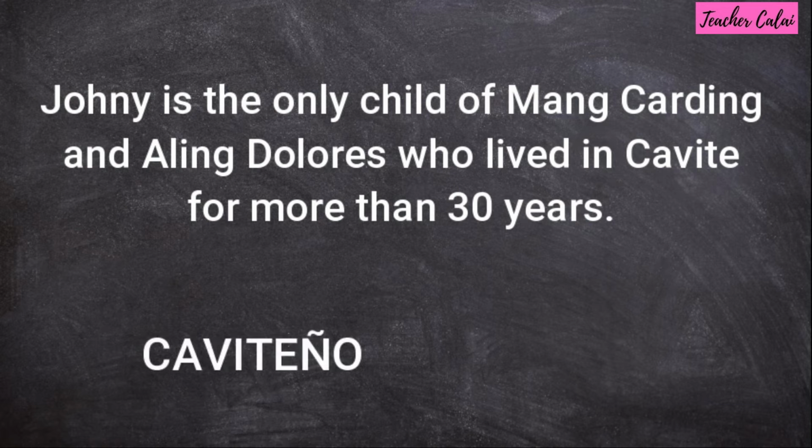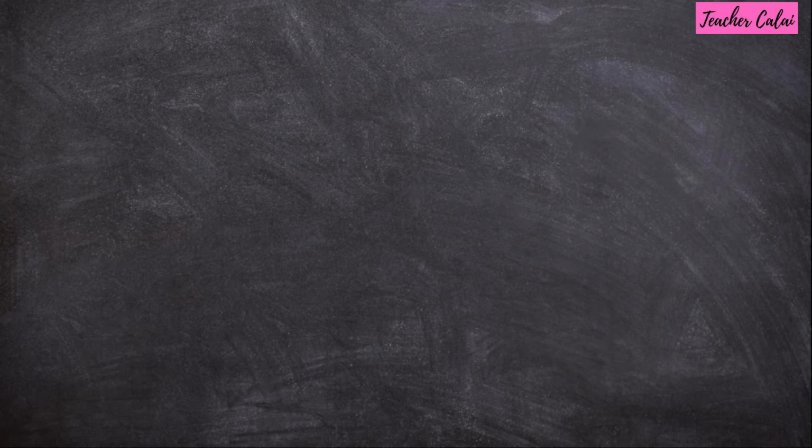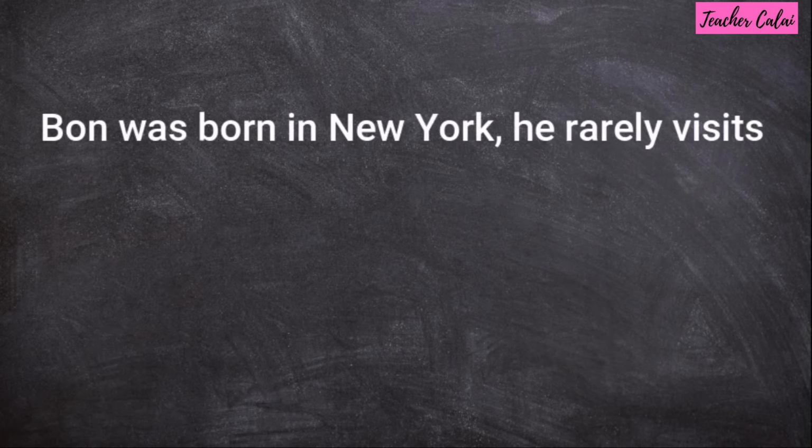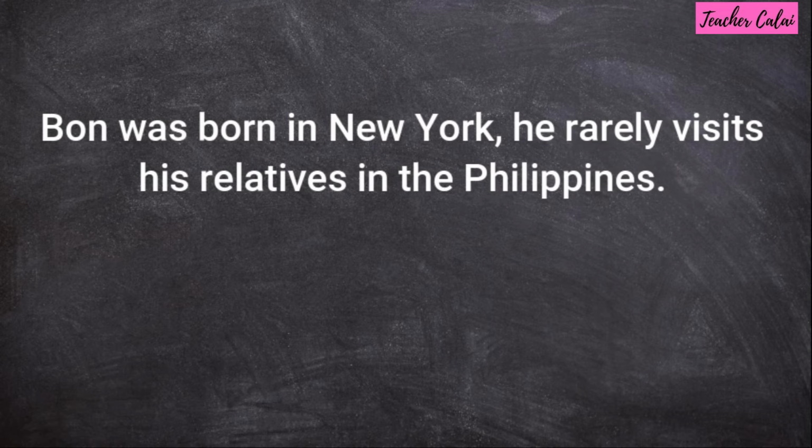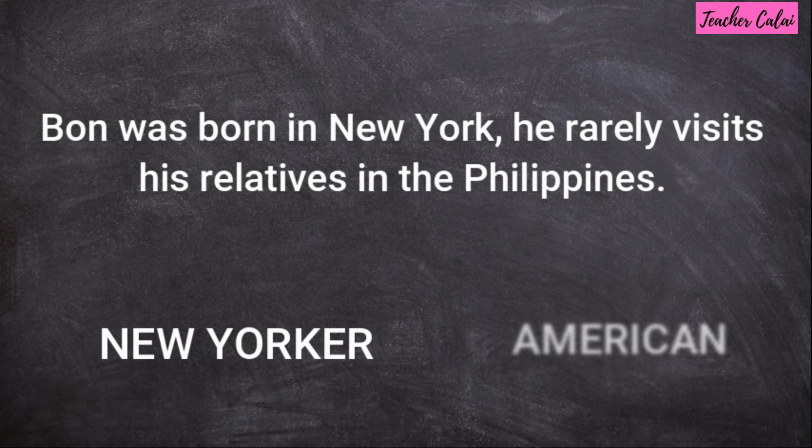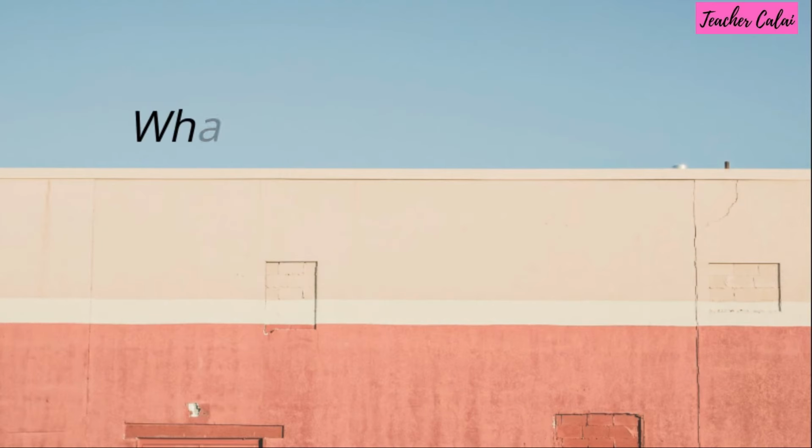Is he a Caviteño or a Filipino? Another example, Bon was born in New York and he regularly visits his relatives in the Philippines. Is he a New Yorker or American? Good. Now after nationality, let's proceed to the next one.